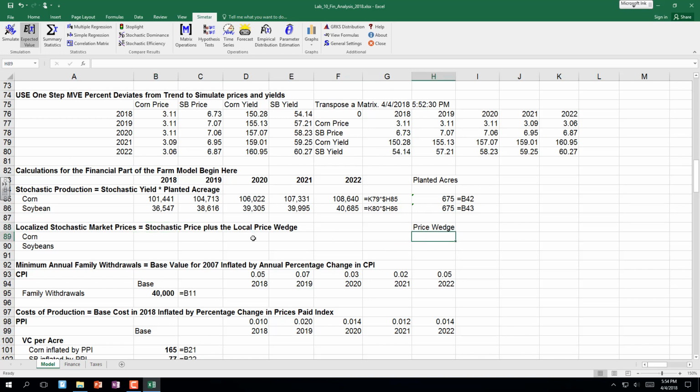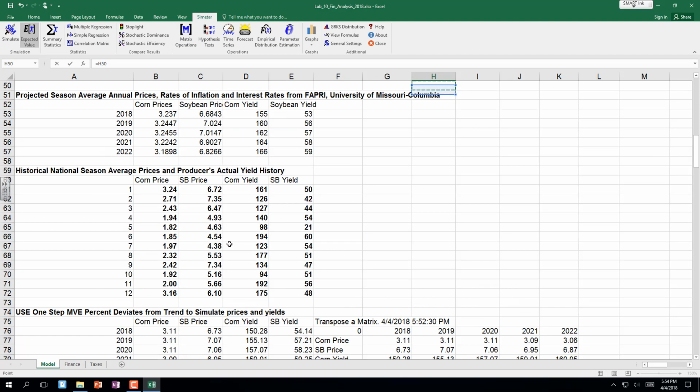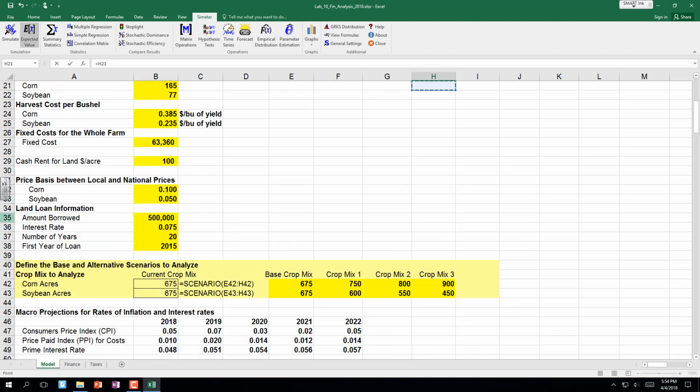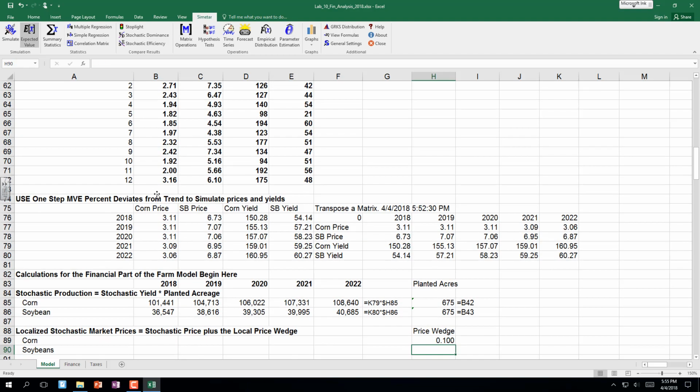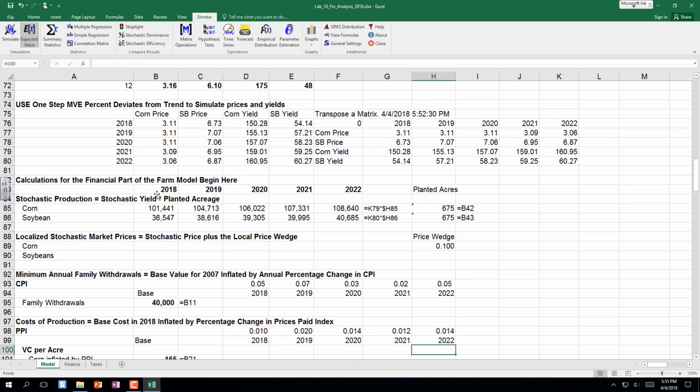My price wedge equals, and if we go up there and look for it, we'll find it, price basis right there. It's B32, the corn price basis or wedge. And so it's 10 cents over the national price. And soybeans is a nickel over.